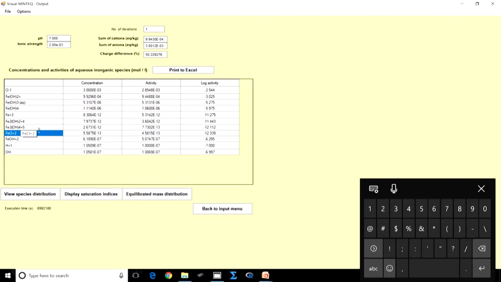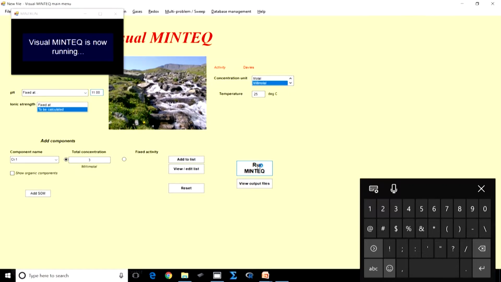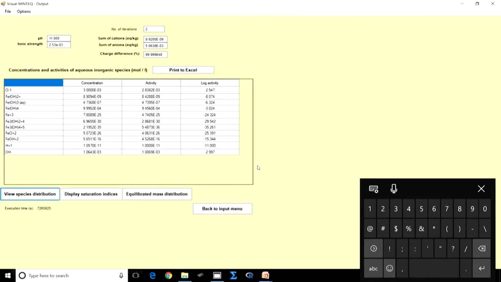So let us go back, change the pH to 11 and run Mintek, and what do I see here? I see that Fe3+ concentration is now almost 10 to the power of minus 13 times lower than what it was at pH 7.